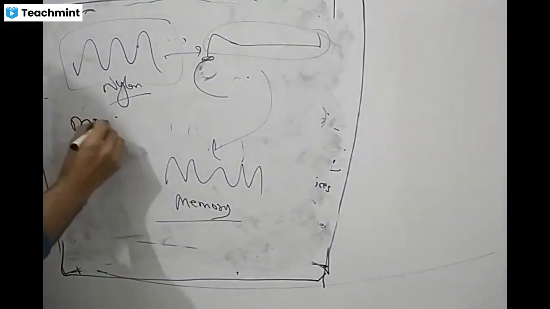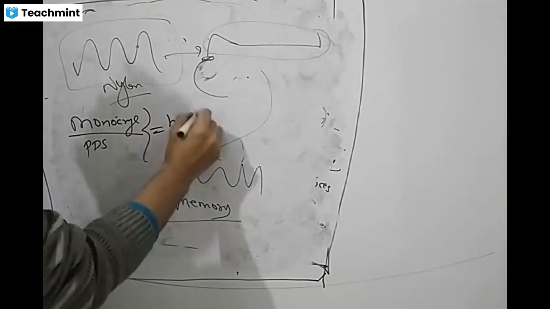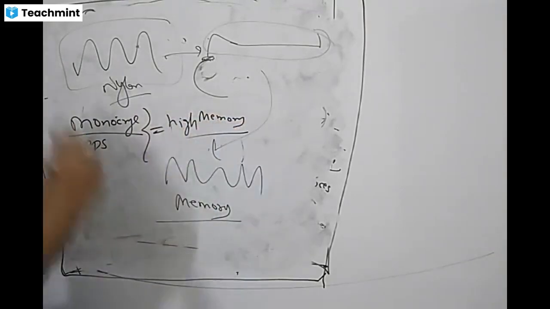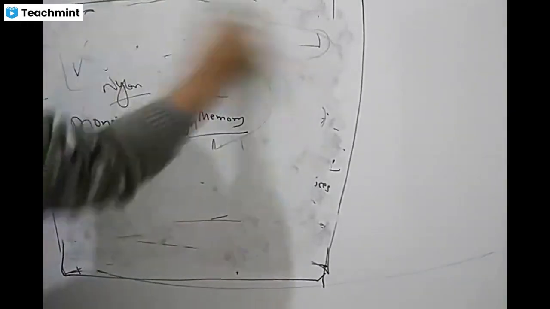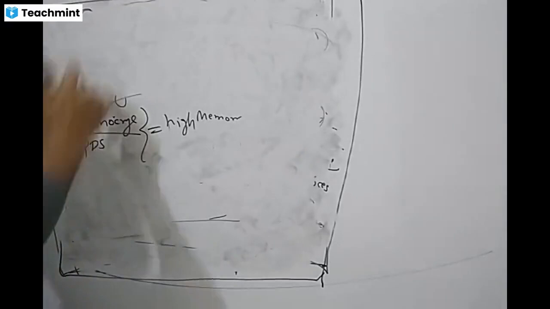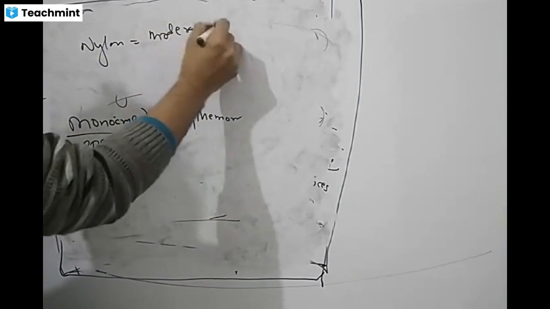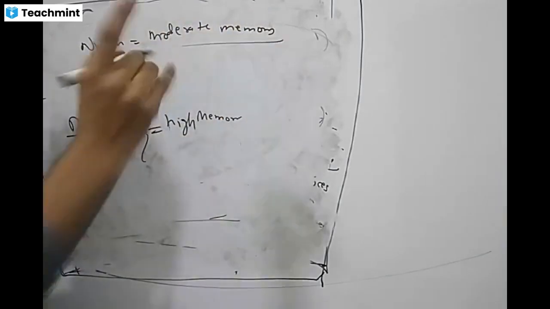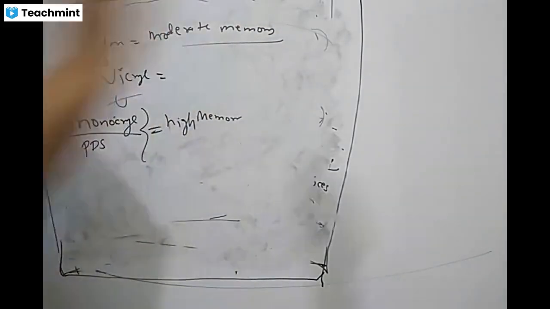There are some suture materials called monocryl or polydioxanone. These two materials have high memory, meaning after opening the packet, if you try to make them straight, they will again become curved. This is their inherent property. Nylon has moderate memory. And if you open the packet of a Vicryl, it will become straight.